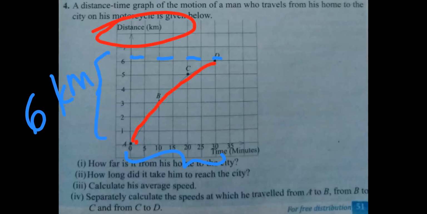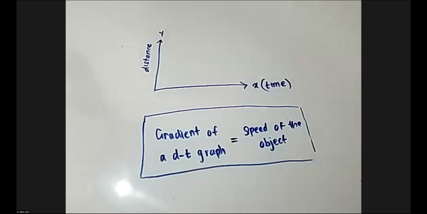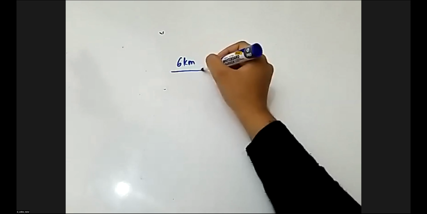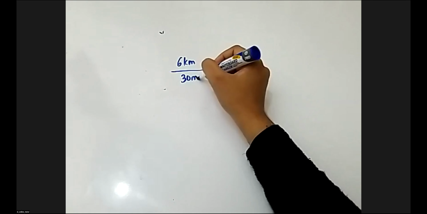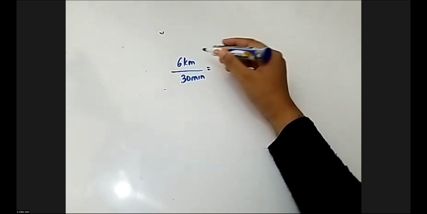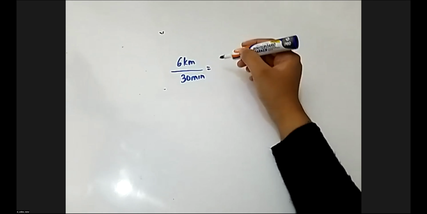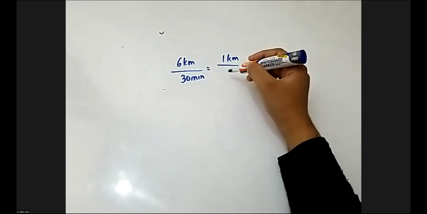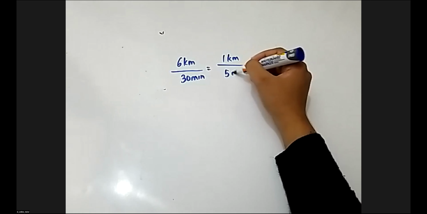What is the answer you get when you divide 6 kilometers by 30 minutes? Look at the board now. Average means total distance. 6 kilometers. Total time, 30 minutes. Now I am dividing. When I divide both of these by 6, 6 times 1 kilometer, and 30 minutes means 6 times 5.